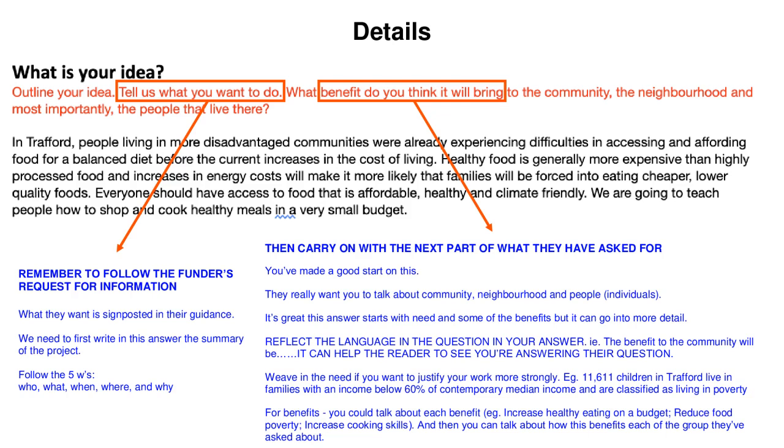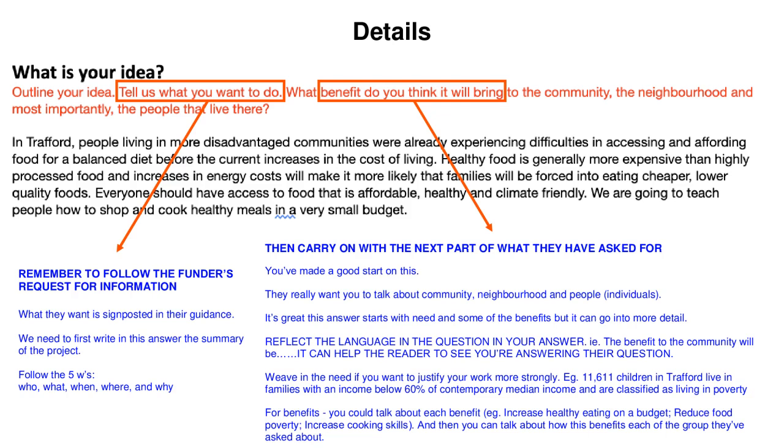So this answer has made a good start on the benefit part. They've signposted they really want you to talk about the community, neighbourhood, and the people. But you can go into more detail, I think. Firstly, don't be scared to reflect the language in the question in your answer.